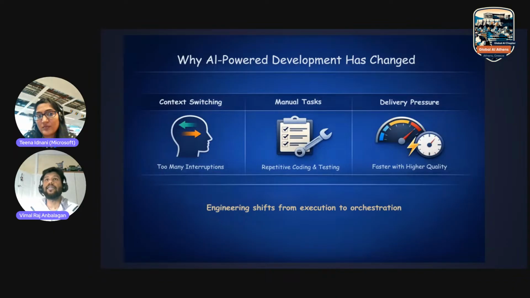And similarly, the delivery pressure. Everyone gets this pressure when we write code: we have to write the code in time, and deliver it in time with higher quality as well. With all that pressure on our heads, we might end up writing similar code multiple times with different optimizations.